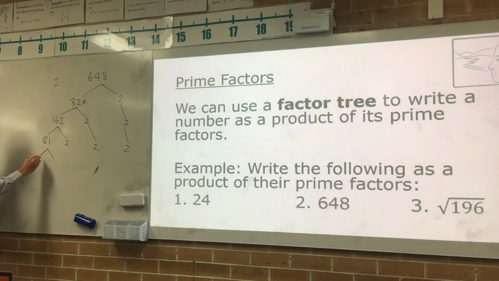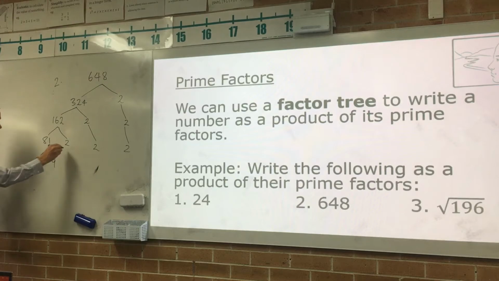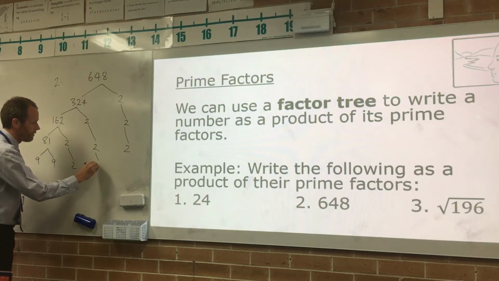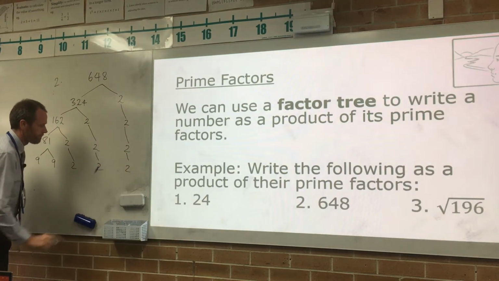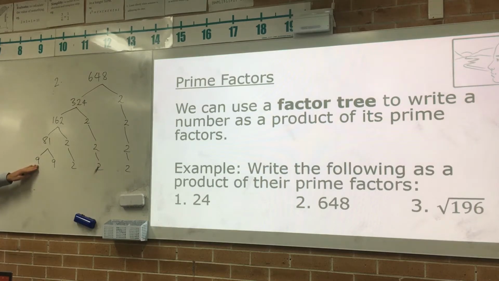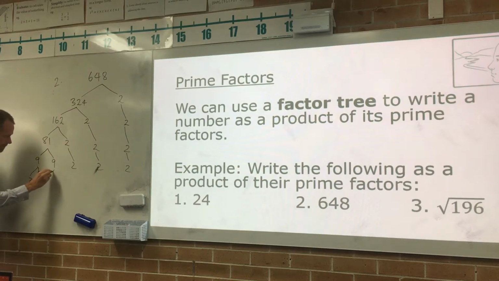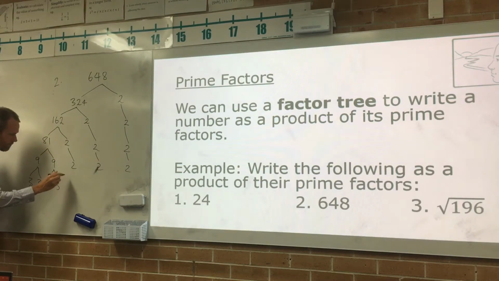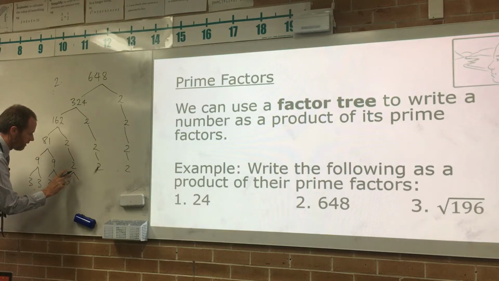You should hopefully know that 9 times 9 is 81. We leave the 2 as 2, keep leaving it as 2. What are the prime factors of 9? 3. Yep, so it's 3 and 3, isn't it? Oh, there's only 1, 2 there.